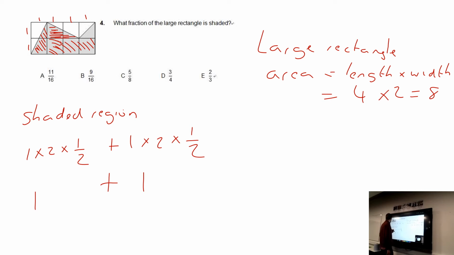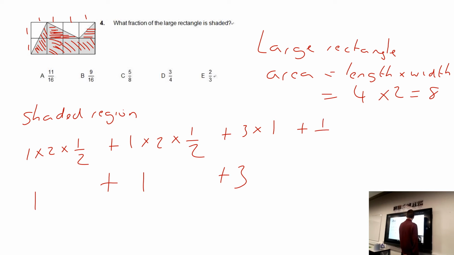It's going to be the length times the width, so this is 3 times 1, which is 3. And finally, we have this right angle triangle. So it's half times base.